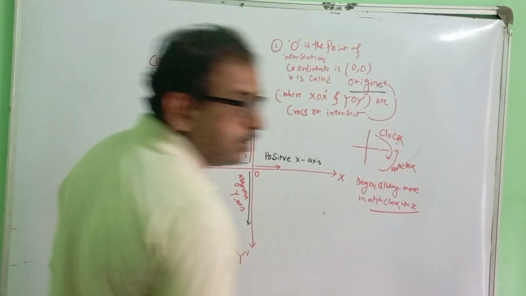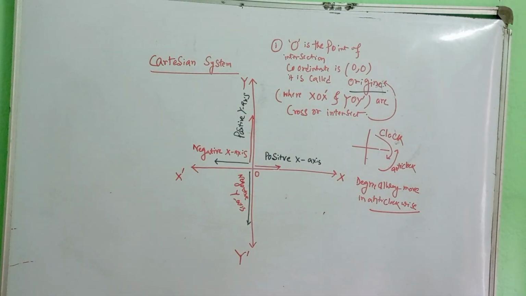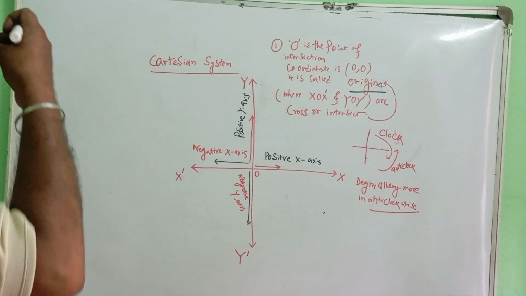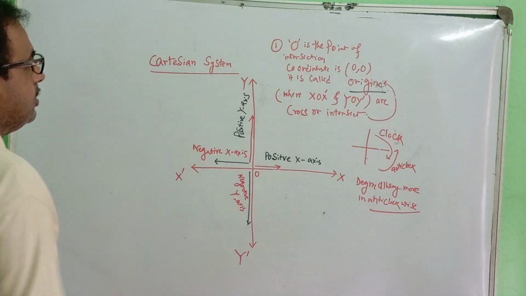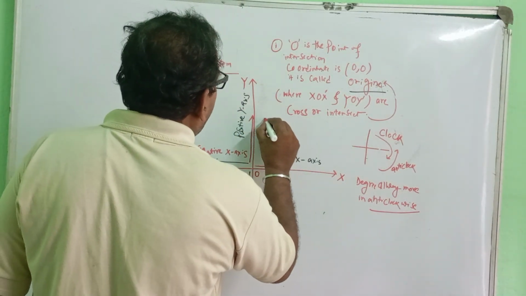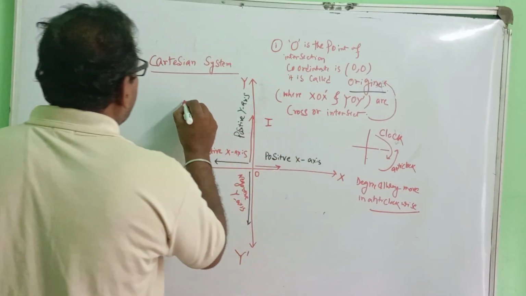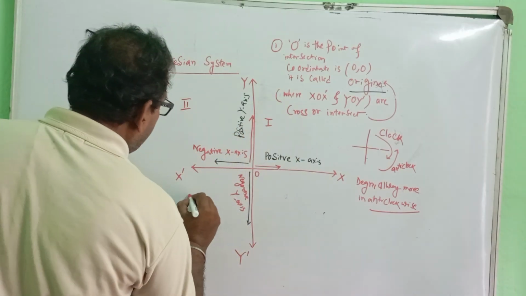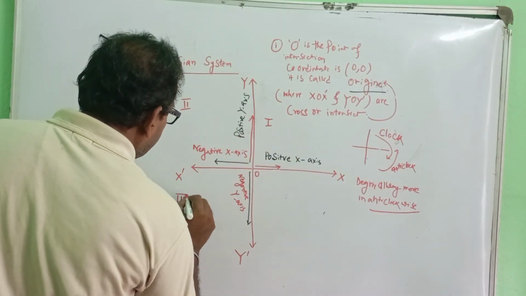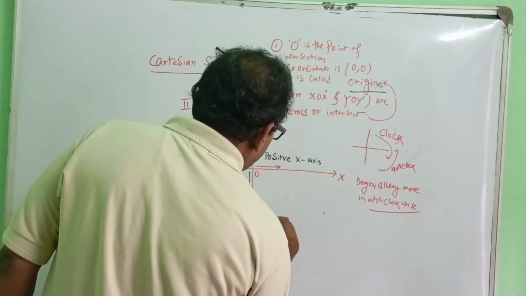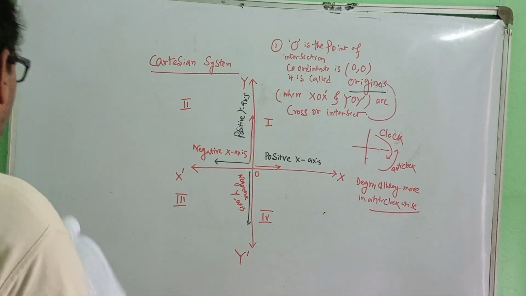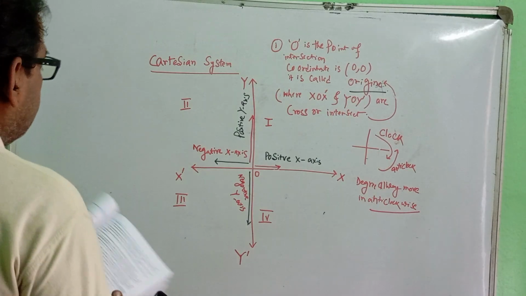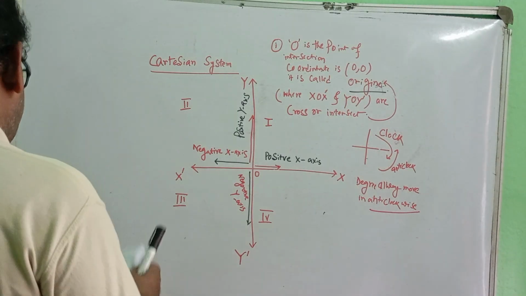Very importantly, always move anti-clockwise. So each and every part is there. This part is called part 1, part 2, part 3 and part 4. Now each and every part is called a quadrant.